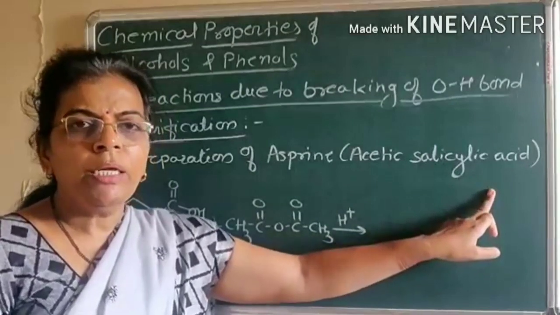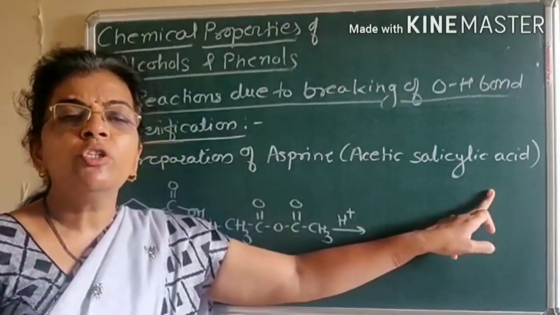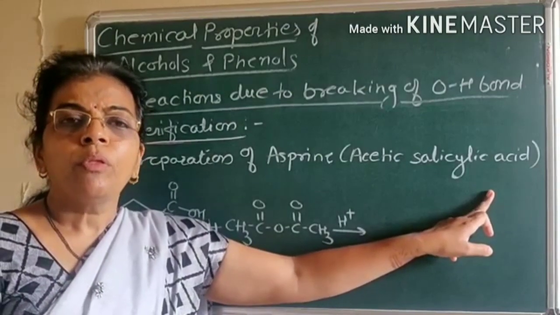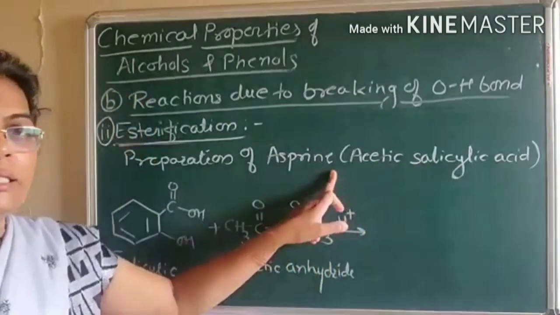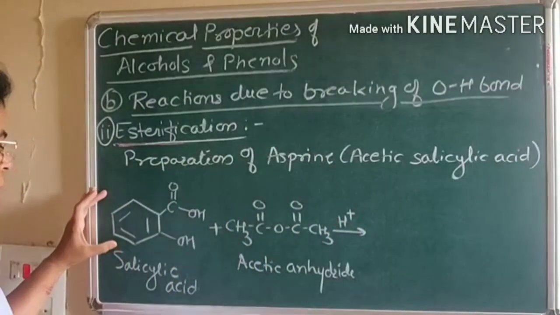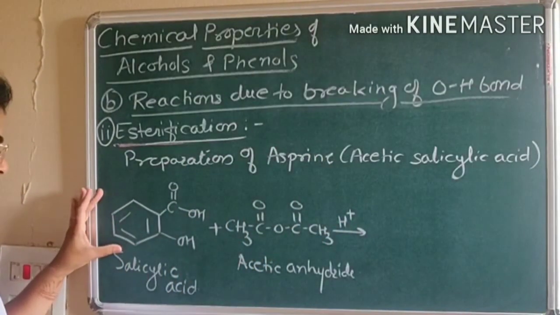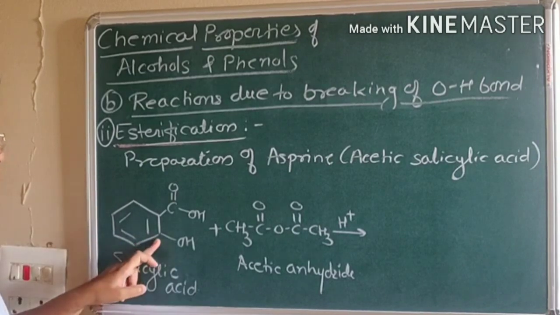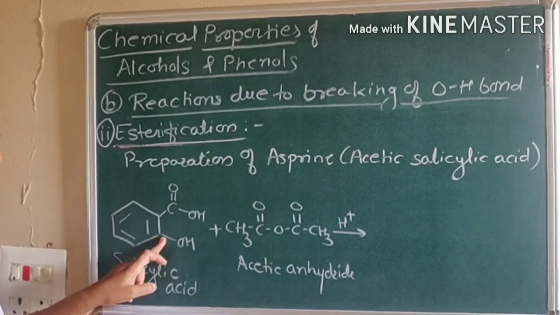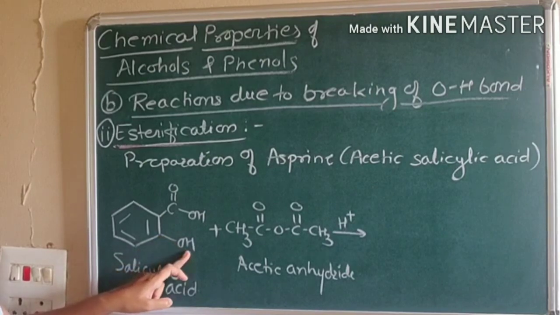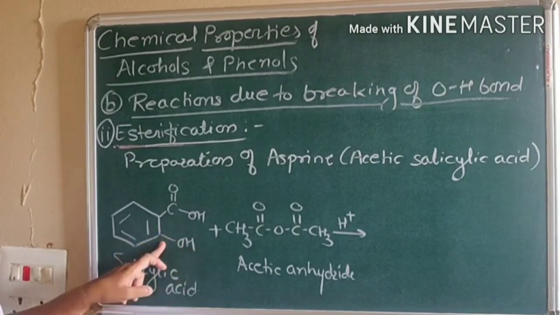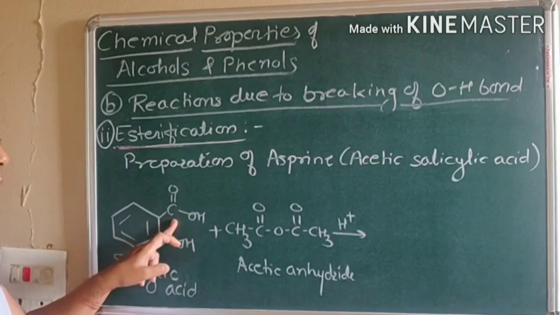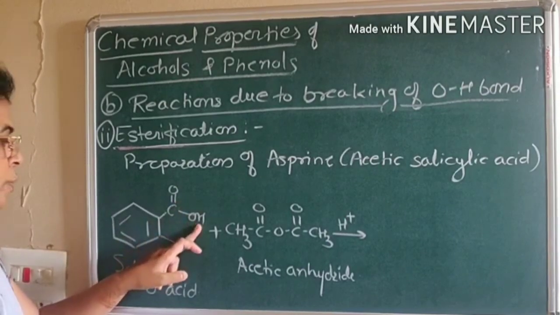Now aspirin is a generic medicine which is used as a painkiller, or it is analgesic in nature. The structure of salicylic acid is like this. Here this is benzene attached to an OH group, and at the ortho position of this OH group there is a carboxylic acid group, that is the COOH group.